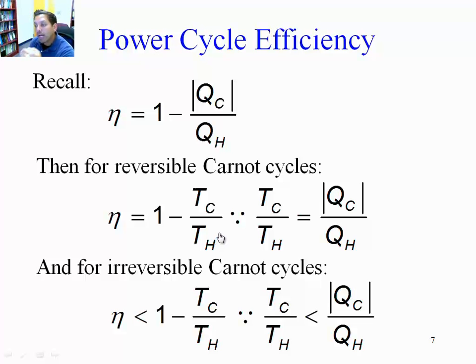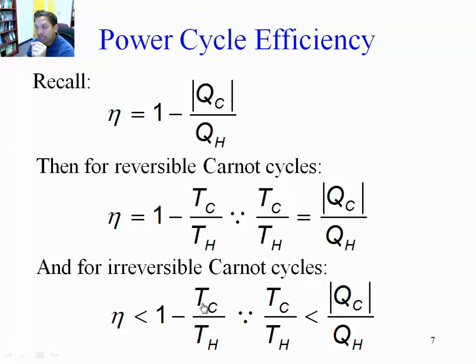And now we actually put numbers to this. We actually demonstrated it. Because of the ability of thermal reservoirs to exchange heat, in the case of perfectly reversible ideal cycles, the ratio of the temperatures is equal to the ratio of the Qs. But in non-ideal cycles, the ratio of the temperatures is less than the ratio of the Qs.